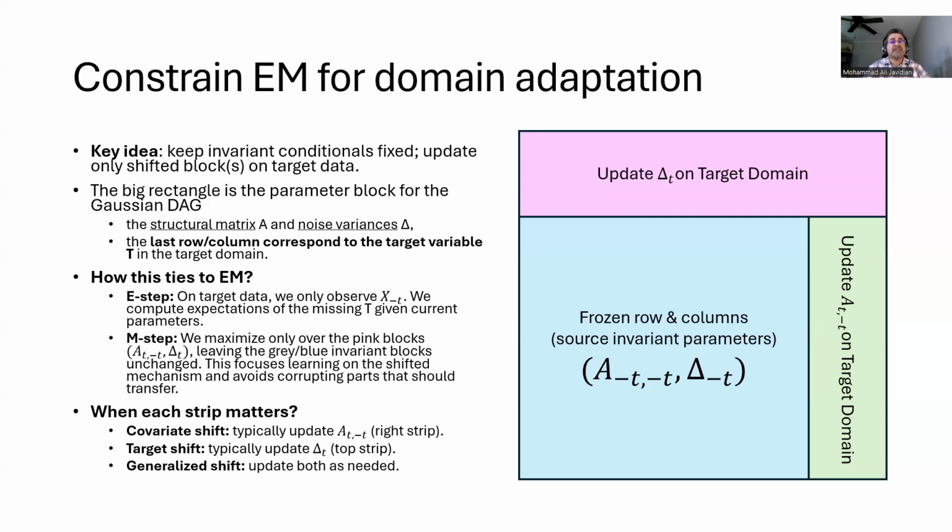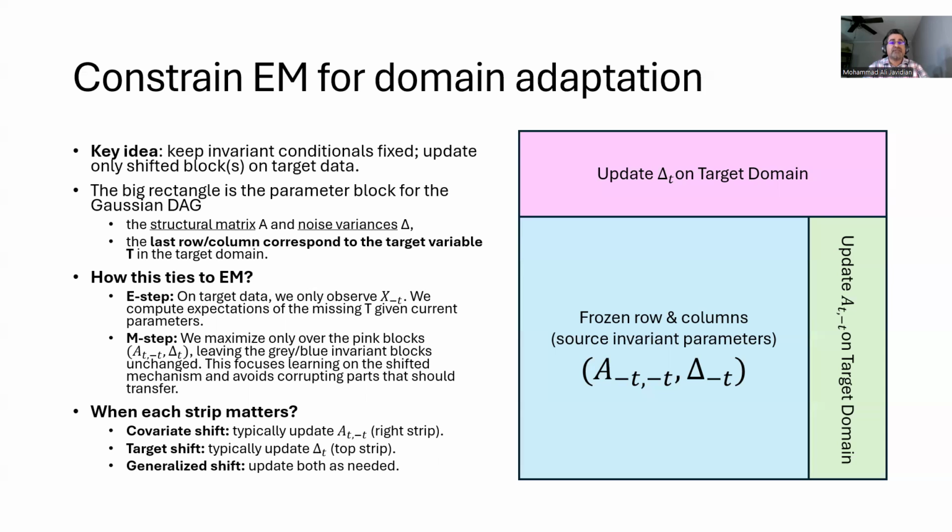What do we update in each shift scenario? In covariate shift, the feature distribution moves. We update the connections into T on the right strip so the mapping from parents to T realigns with the new feature mix.